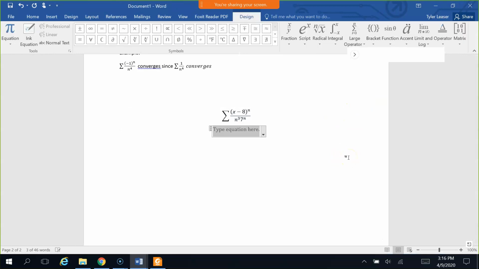So first things first, the ratio test, which says to take the limit of the n plus 1 term divided by the nth term. Usually I just write out the n plus 1 term as is, and then multiply that by the reciprocal of the nth term, just to save me some time of having to write it out two separate ways.